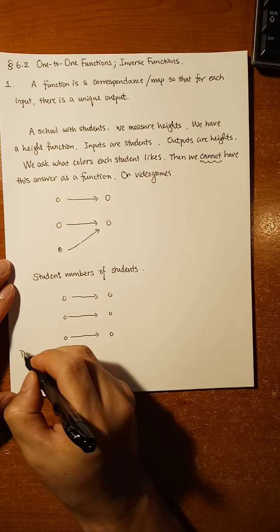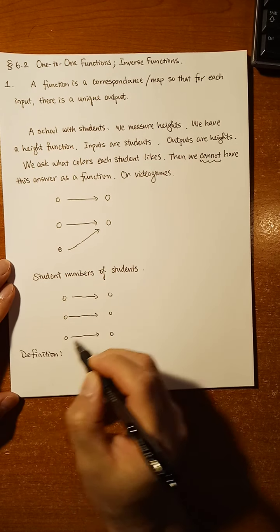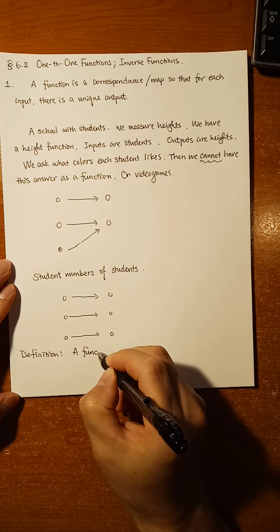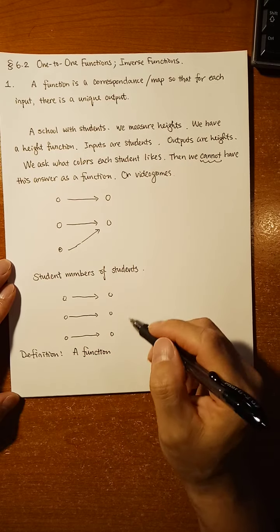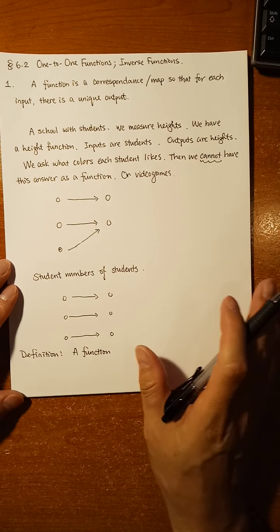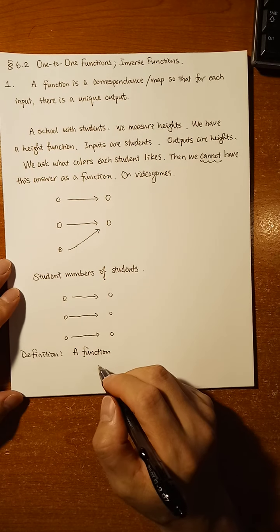Okay, now let's see the definition. One-to-one is a special property of a function. If you do not have a function, of course you will not discuss one-to-one. So it's a property of a function.